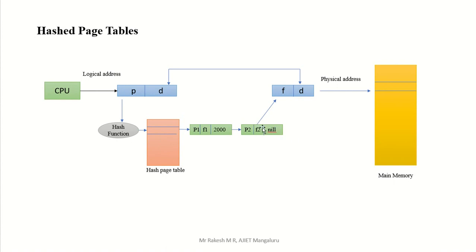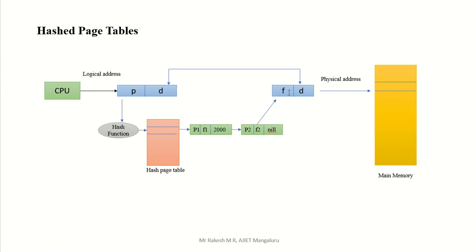So whatever frame number we have, that is your required frame number. In this frame we have this page. So P2, F2, nil is there. This is the last format, so no need to jump anywhere in the page table. So F2 is the answer. That F2 is sent to your memory as a physical address.